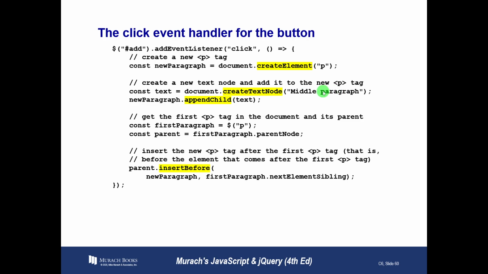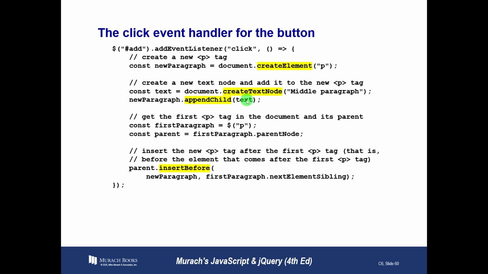Then we're going to take that new paragraph we just created and appendChild, attaching that text node. So now we have a paragraph that has a text node that says middle paragraph. Notice the steps there: we had to create the element, we had to create the text that's going to go in the element, and then we had to attach this text node to the paragraph tag as a child.